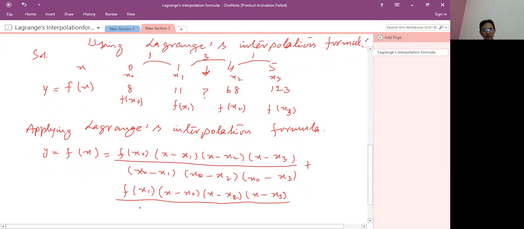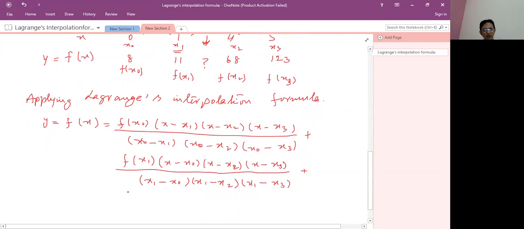Understand carefully, please, all of you. When we consider x1, we will write x1 minus x naught, x1 minus x2, x1 minus x3. Student, x1 minus x1 will not be considered, as it would be zero. This is the difference. We have to understand the formula well; it is not something to memorize.